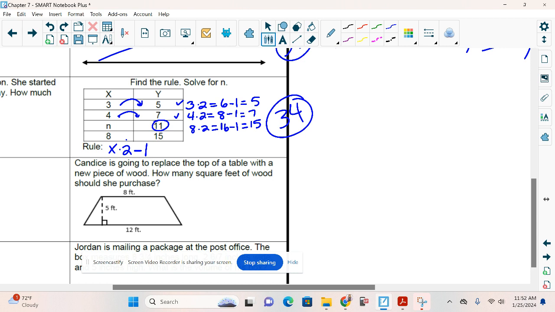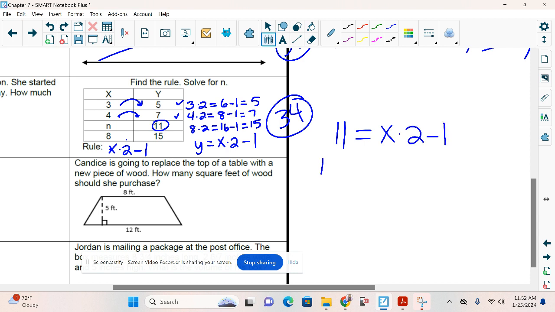I know it's 11. So what number do I put in here for x that's going to give me 11? You can test numbers or not, but y equals x times 2 minus 1. Well, my y is 11. X times 2 minus 1.